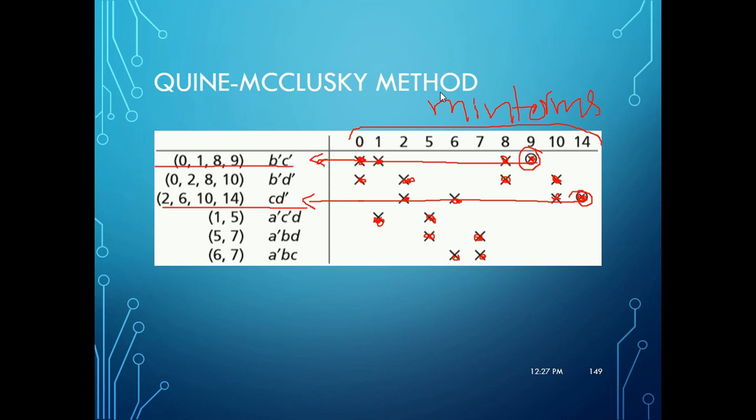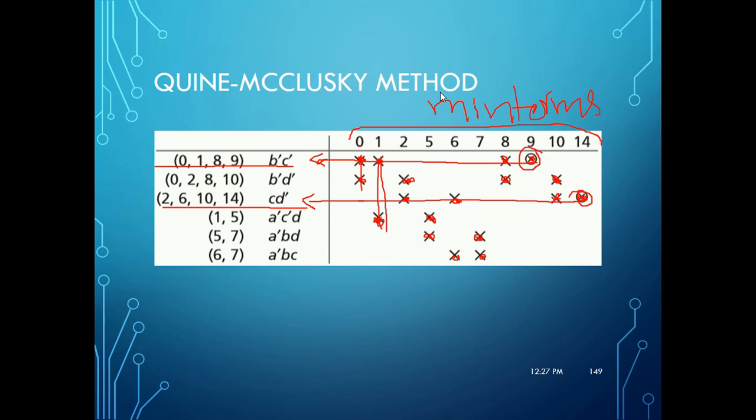Okay, and since I have marked here in the first column, that is the 0th column, I can cross out the other thing, or column wise I can cross out. And since one is being crossed out, you can cross out this one also.